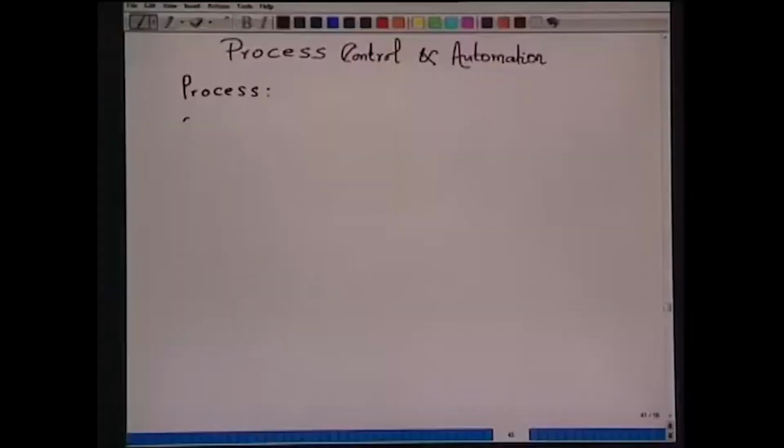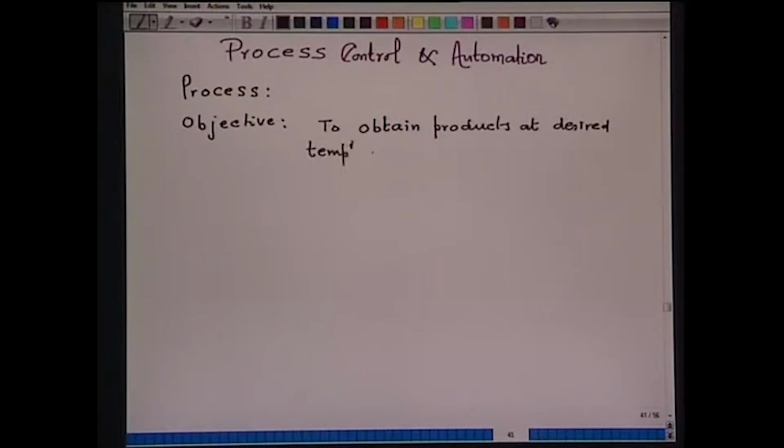What is the objective? The objective is to obtain products at desired temperature and chemistry at optimum consumption of energy.